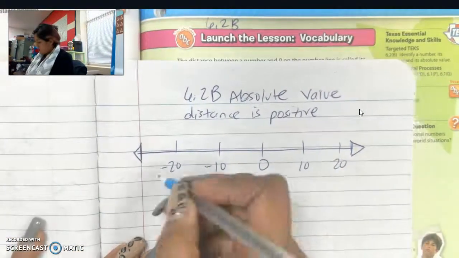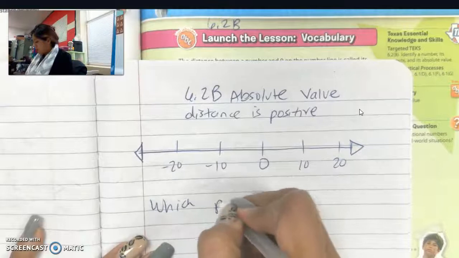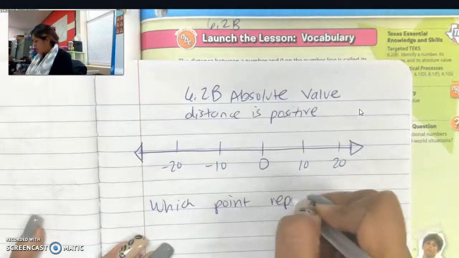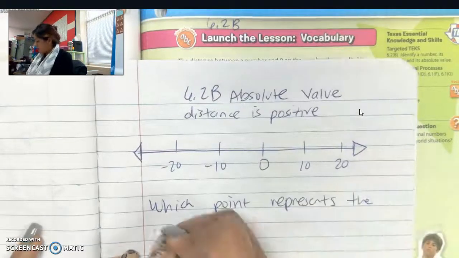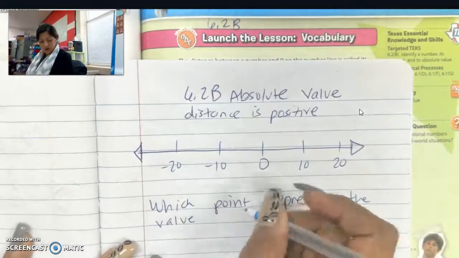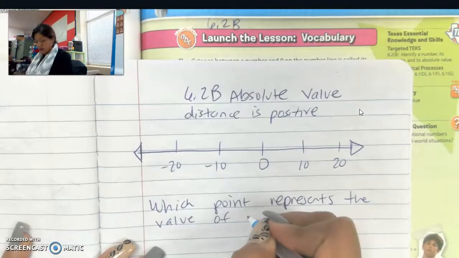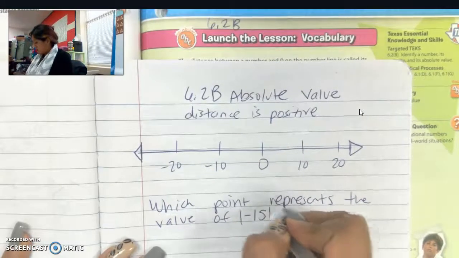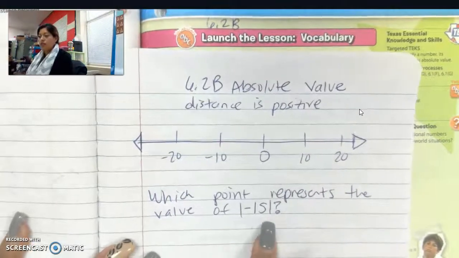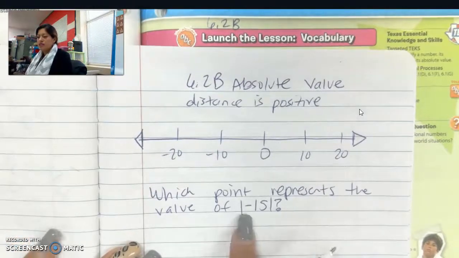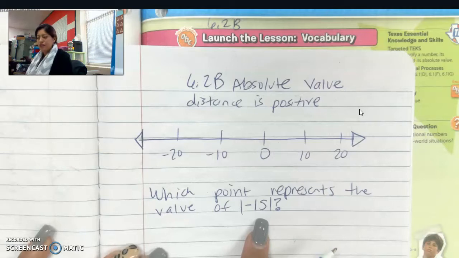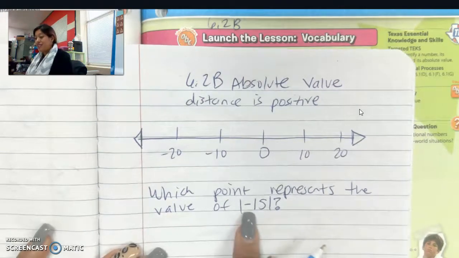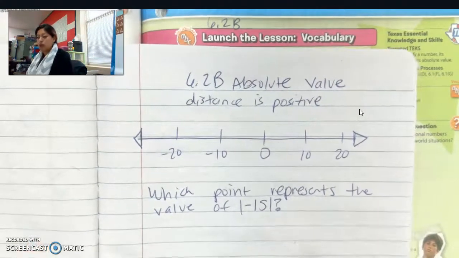Now, which point represents the value of, alrighty, so look at this. Which point represents the value of absolute value negative 15? Well, this is a negative on the inside, and we just talked about that.